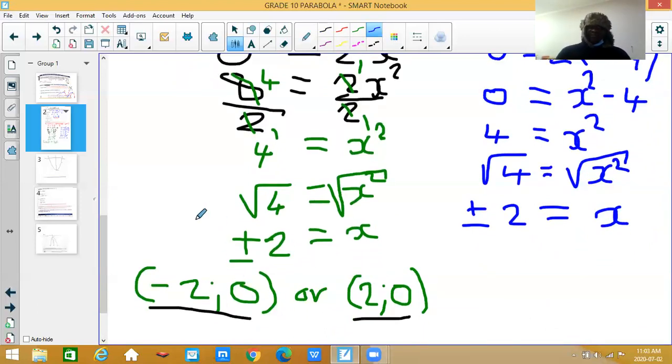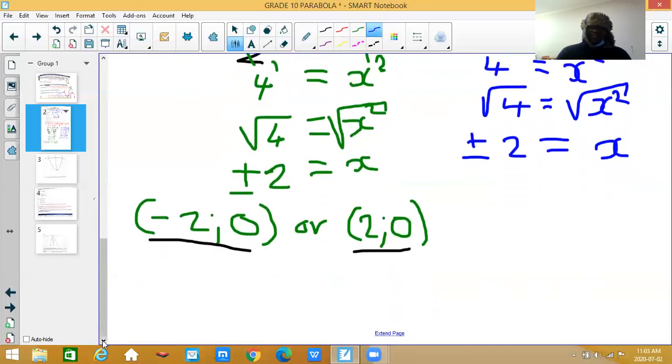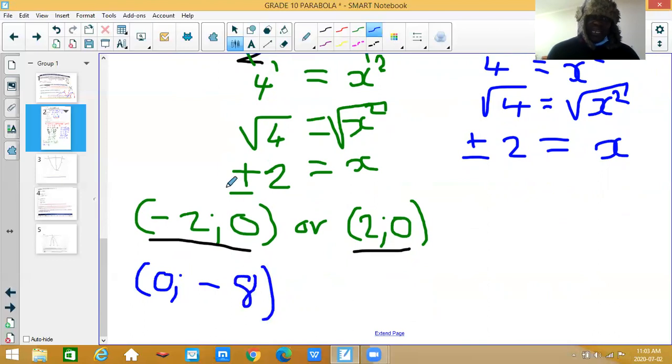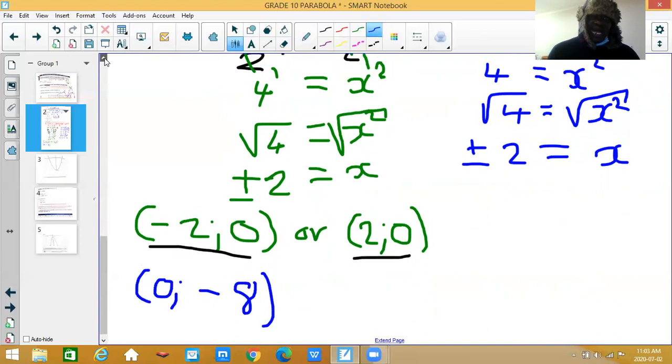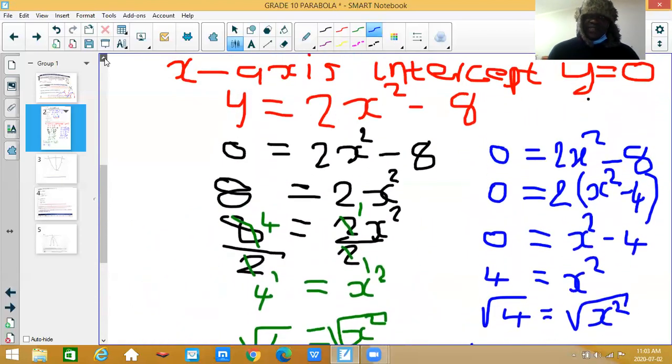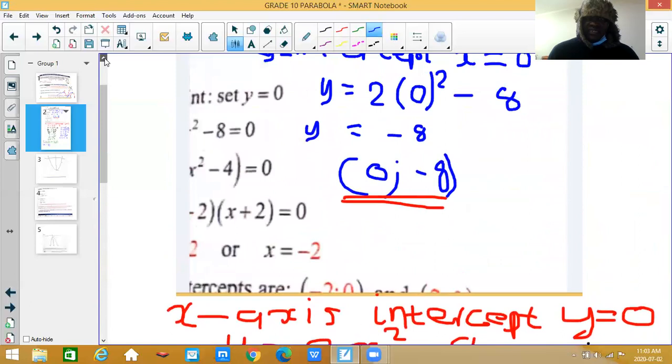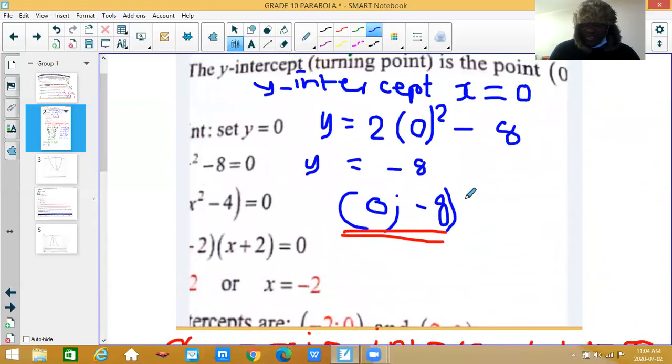Any more questions there? Now we come into plotting our points, because when we are sketching the graph, you remember the y-intercept, our y-intercept was 0, minus 8. This was the y-intercept, right? Which we got up there. It is the first one that we got.